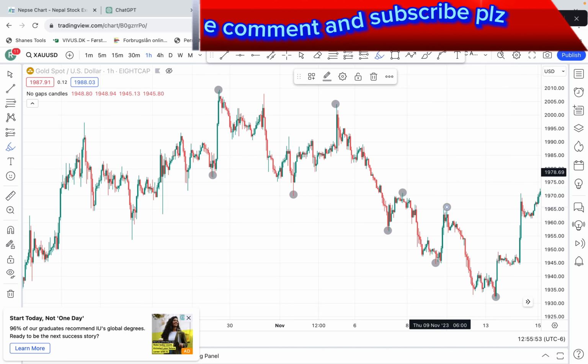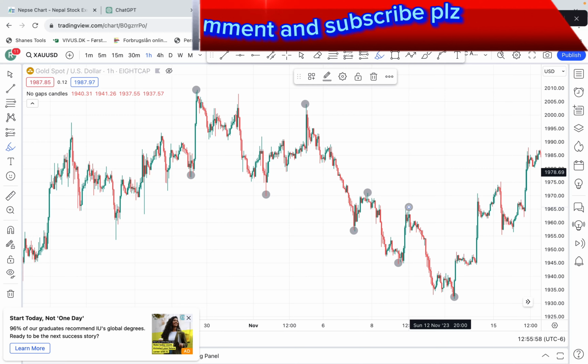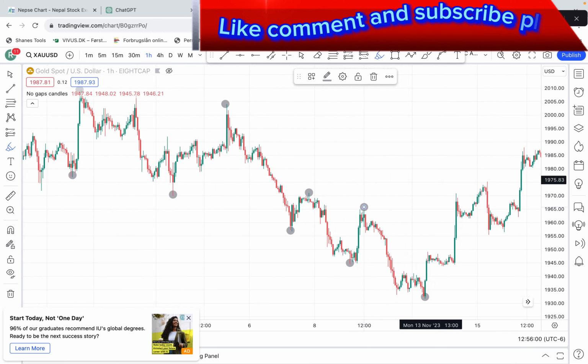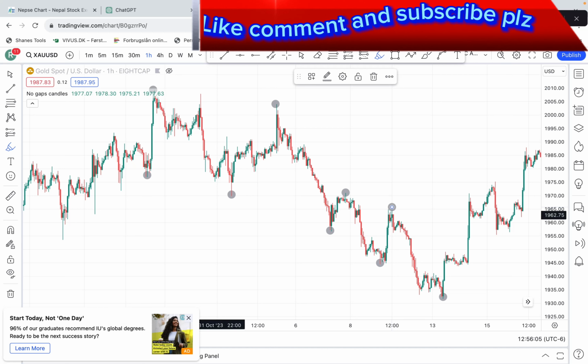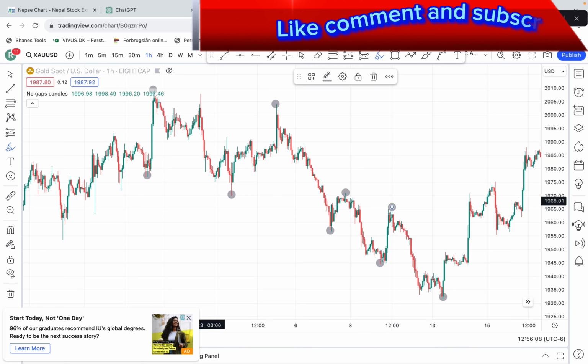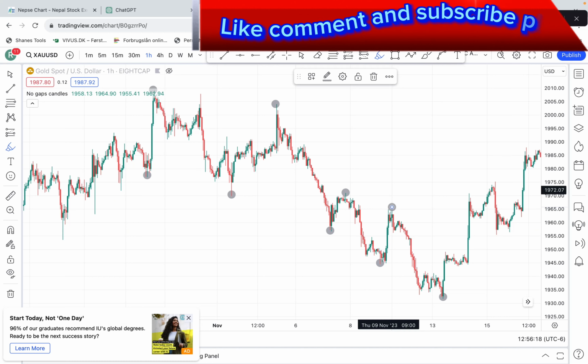In the bearish market, the market always moves down by making lower lows and lower highs. This move is also called the corrective move. If the market is bearish, at that time the market makes lower lows and lower highs and continuously comes down, so this move is called the corrective move also.